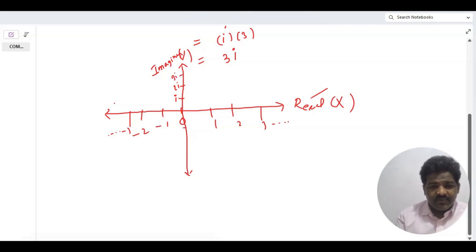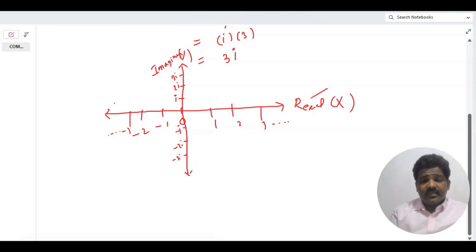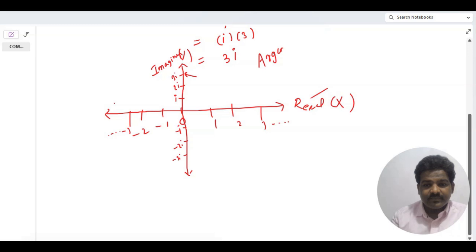Similarly, down, minus i, minus 2i, minus 3i, and so on. Clear? Now we have represented 3i, not on the number line, on another line. This entire system is called the Argand plane. In this Argand plane, we can represent complex numbers.